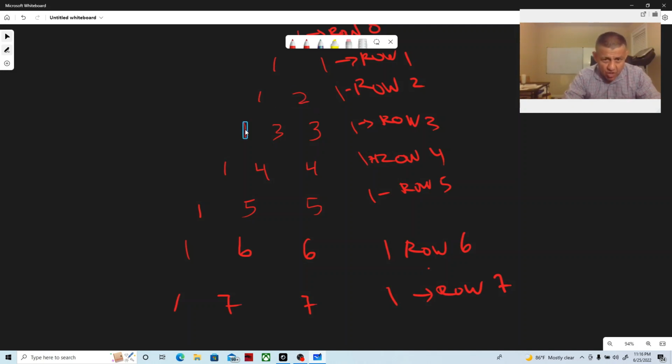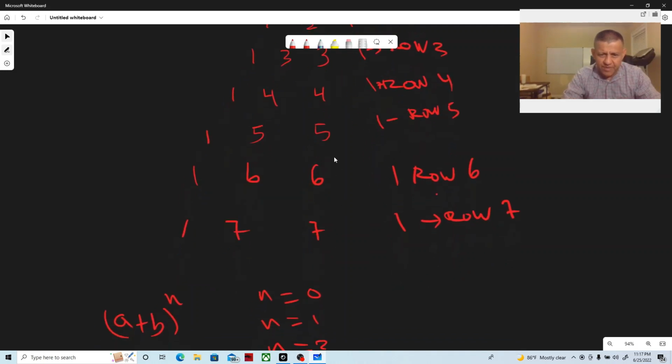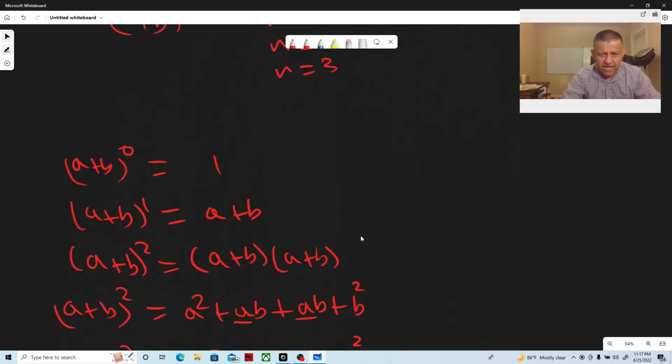This is the 3 that we have, right? 3a squared b, and then this is the 3ab squared, and of course this is the other b squared that we have. So these are the coefficients. You see that, right? And I hope it makes sense, right? Because this is what we got right here.